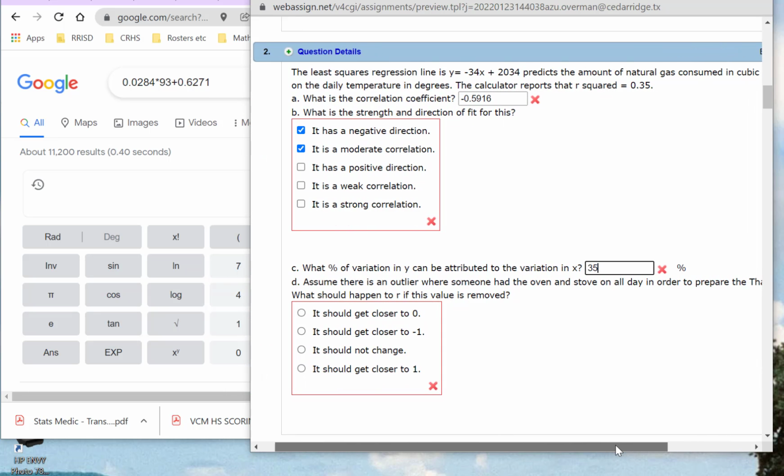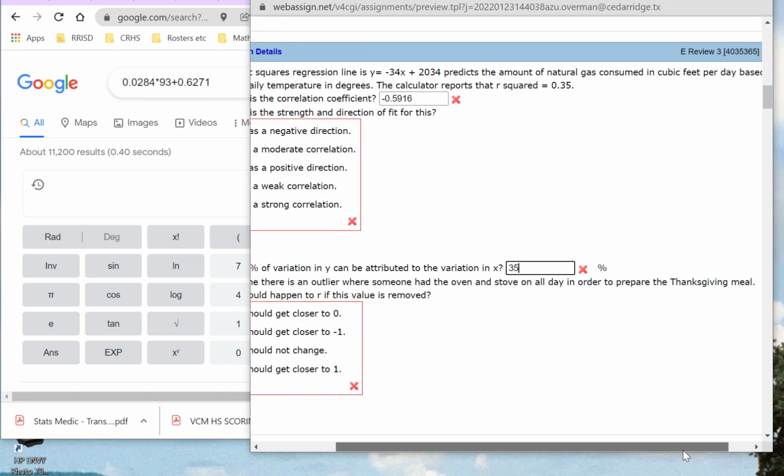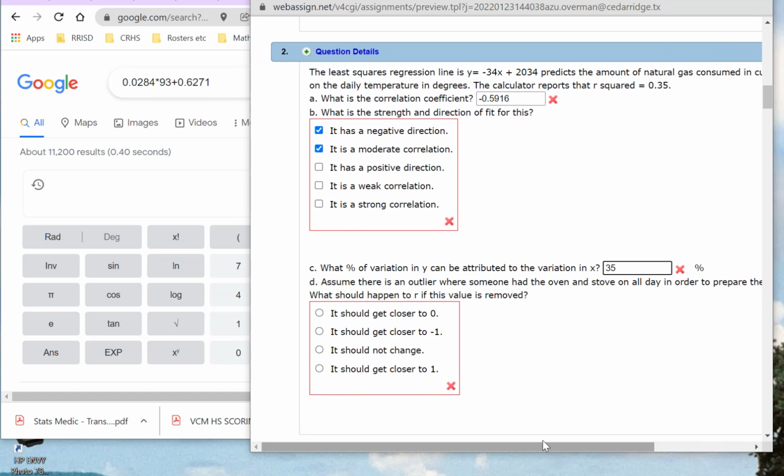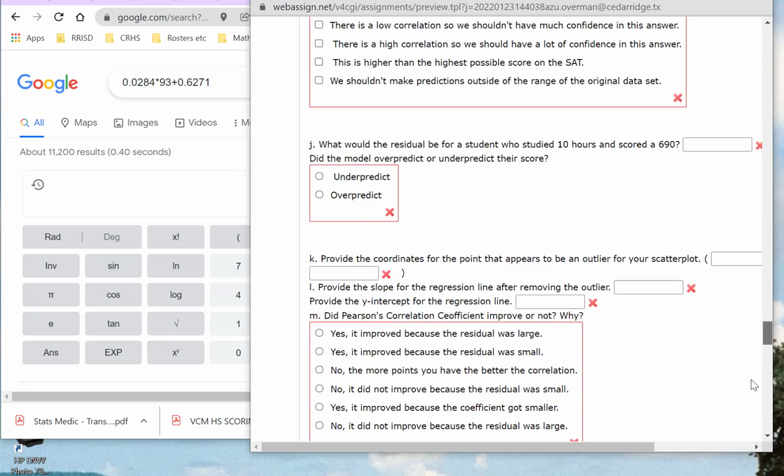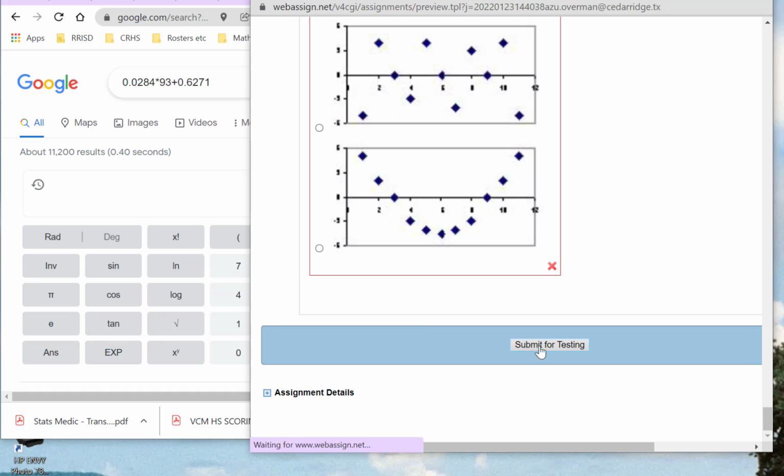What should happen to r if this value is removed? Well, if we have an outlier, that means it's usually weakening the correlation. It has a large residual. If we remove this value, we should get a correlation that is stronger. Remember, the correlation coefficient is negative, so it's actually going to get closer to -1. All right, so that's it for that problem. Let's see how Mrs. Overman did.